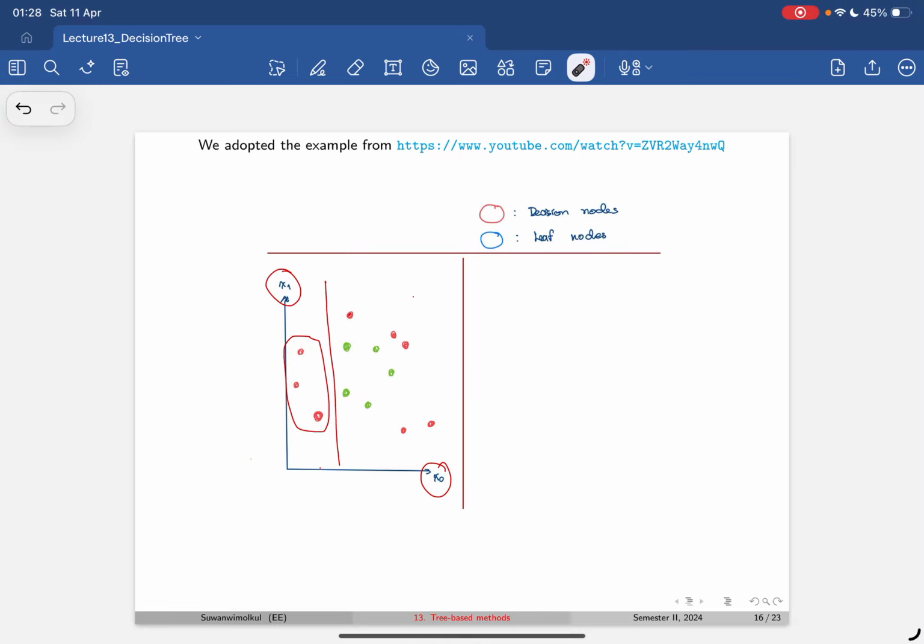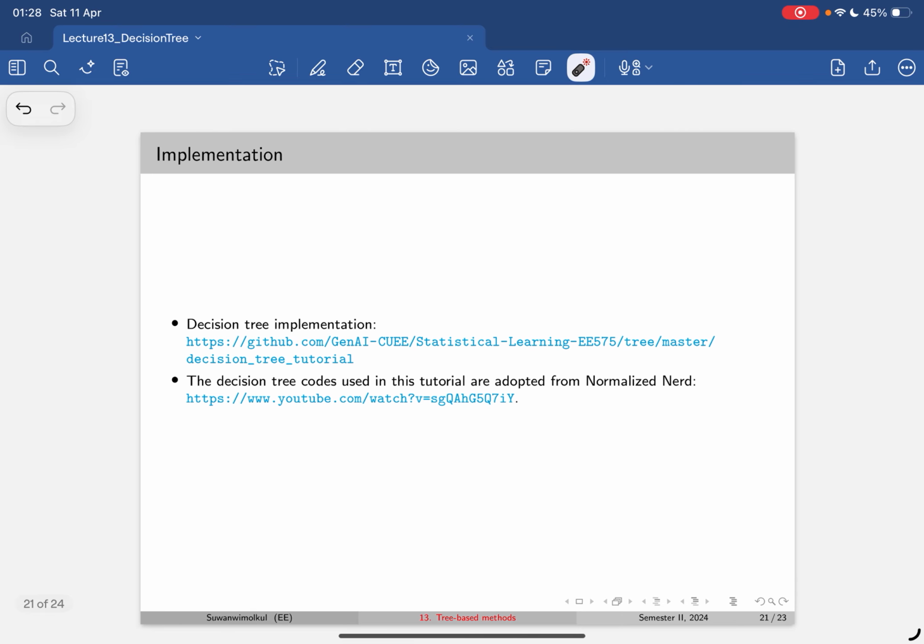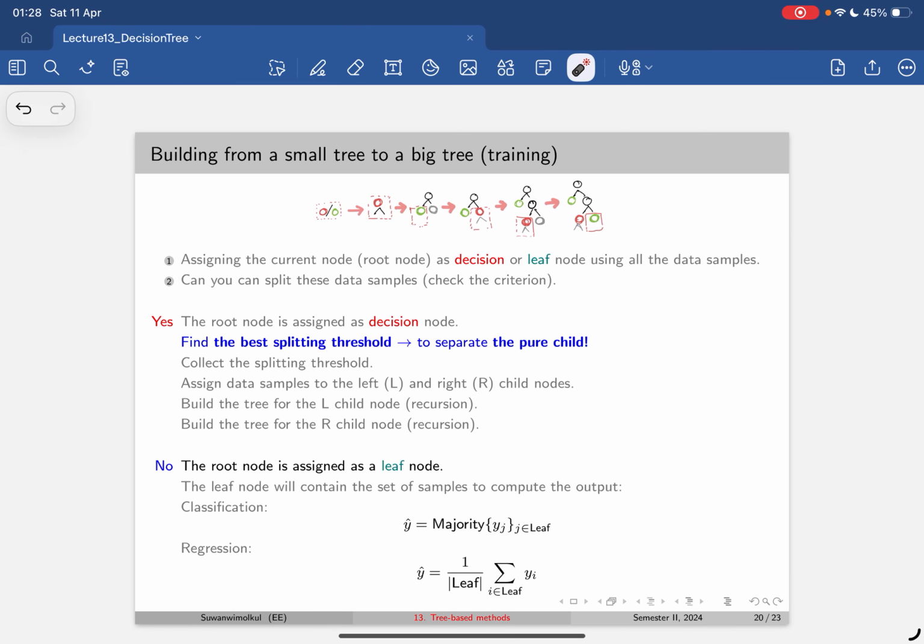This means that all these procedures are recursive, and therefore we could write the recursion as follows. So at first, you check if you can split the data. If you can split the data, then that state is the decision state.